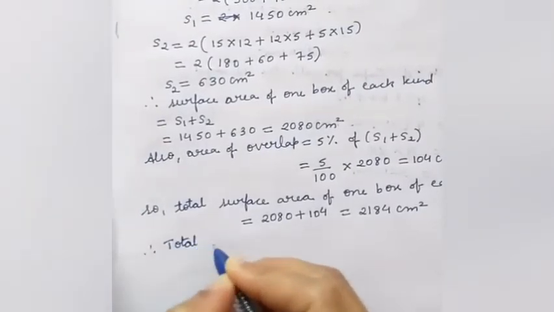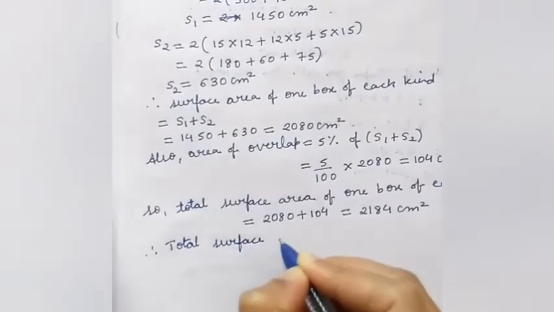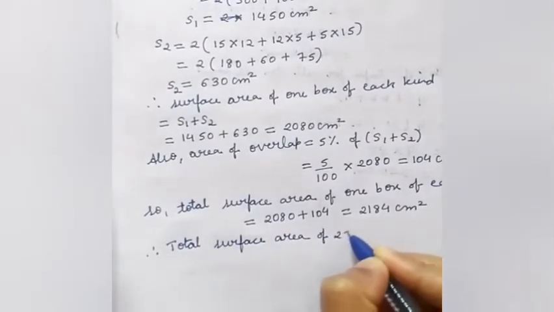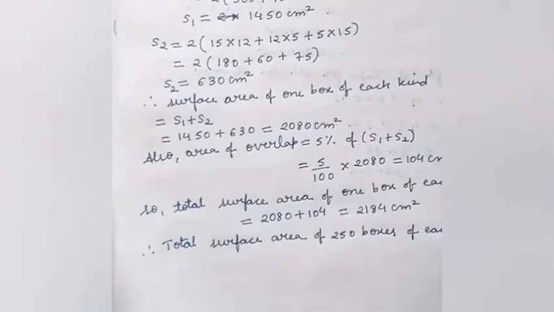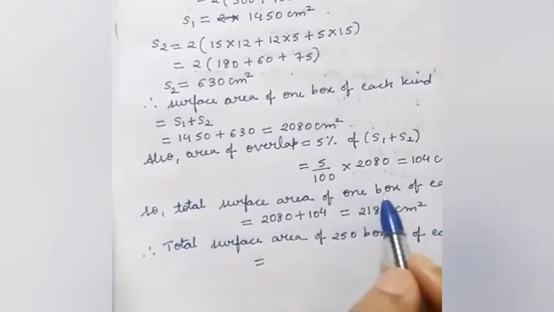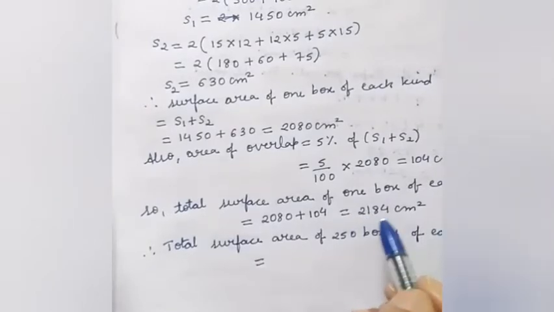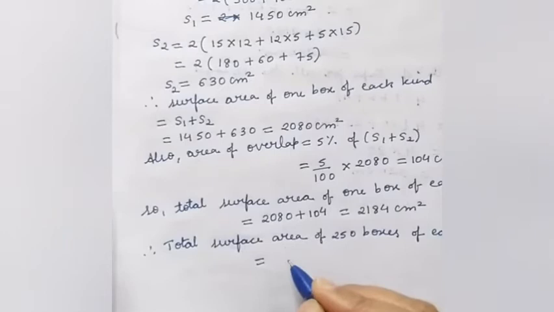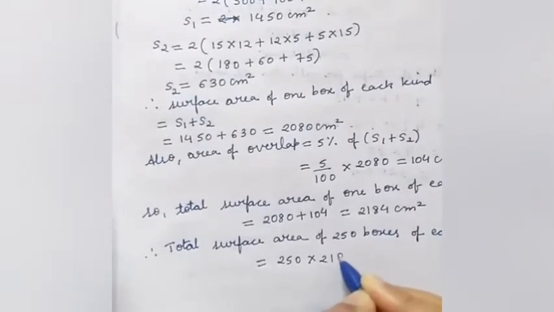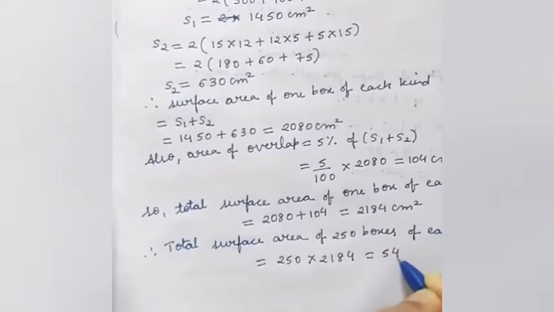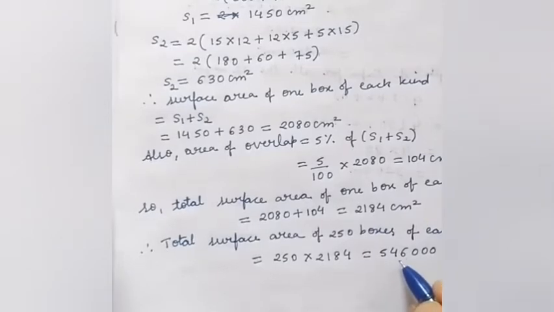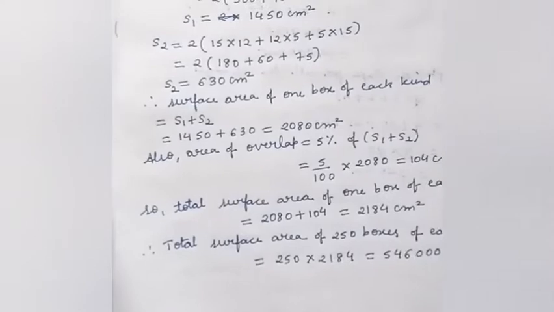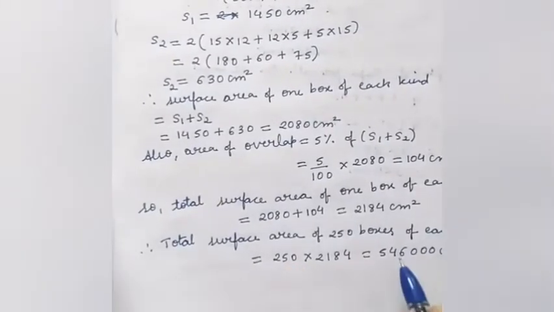So total surface area of 250 boxes of each kind will be equal to, for one box of each kind is 2184, so 250 boxes of each kind will be nothing but 250 into 2184, which is equal to 5,46,000 centimeter square.